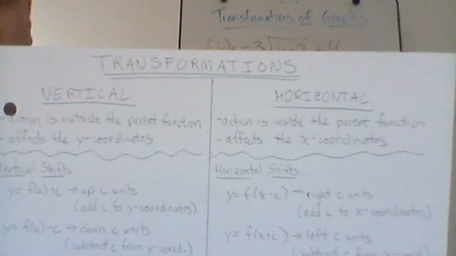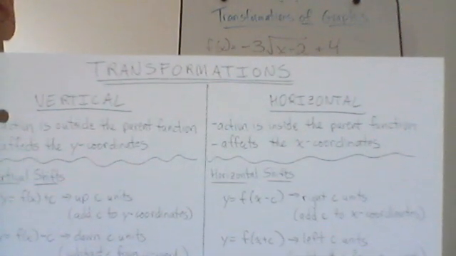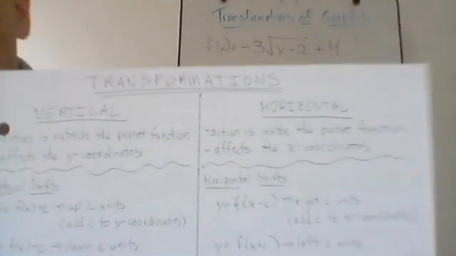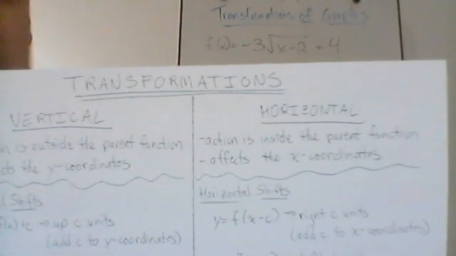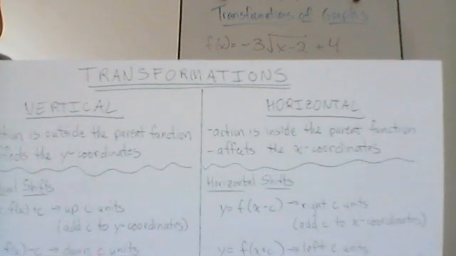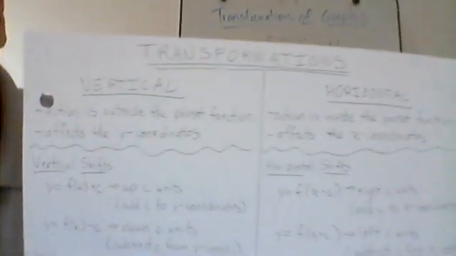So inside, whether it's a square root or an absolute value or something being squared or raised to a third power, that x that's inside that function, you can have a number added or subtracted to the x, or multiplied or divided, or a negative in there. So the action is happening inside the parent function, and it affects the x coordinates of the graph of the parent function.